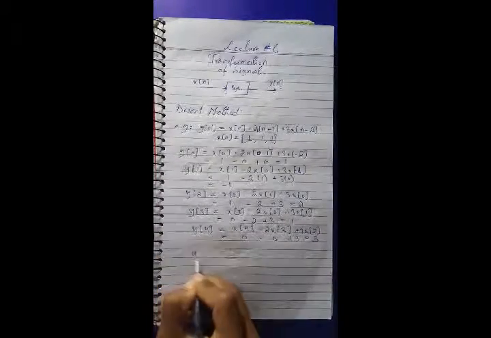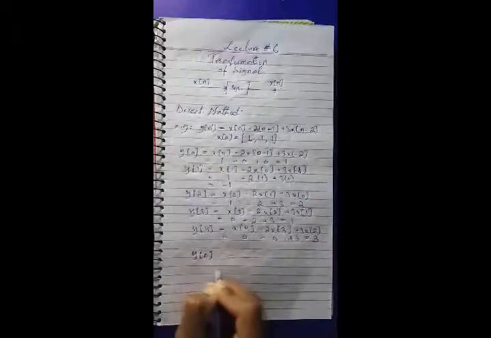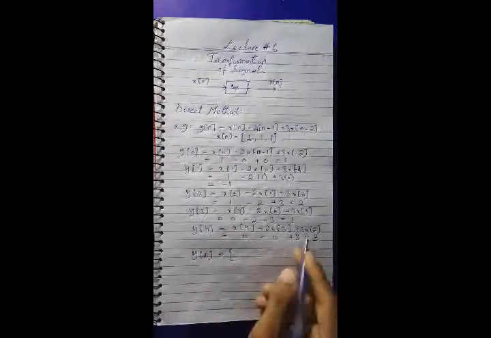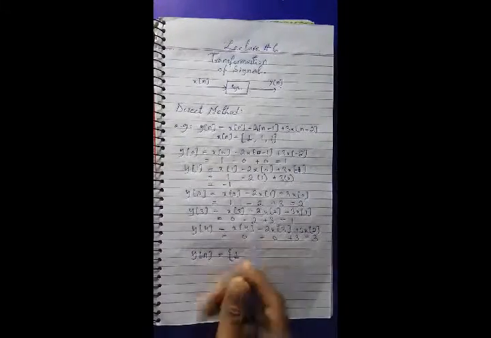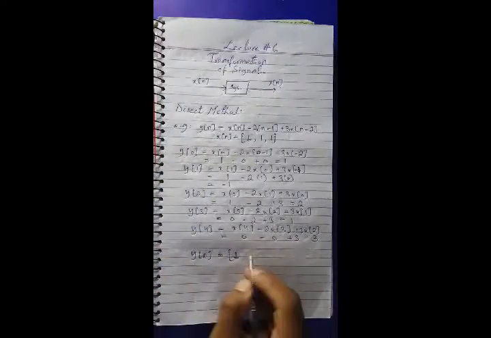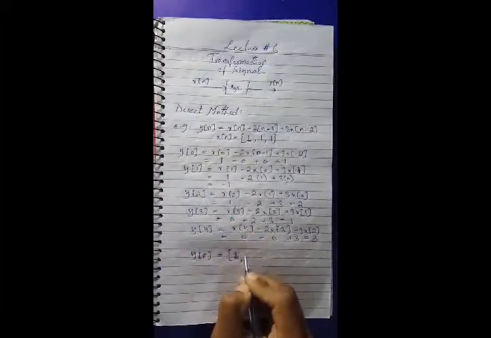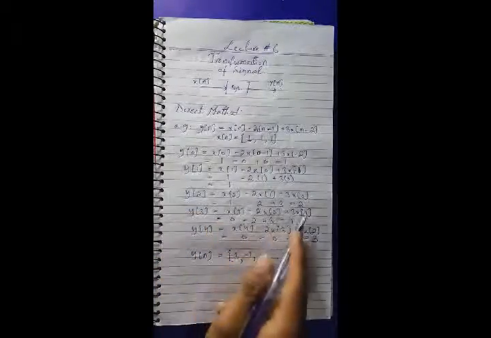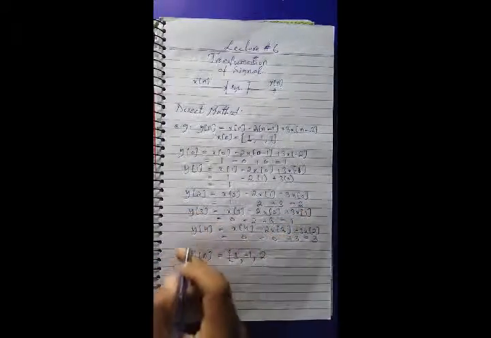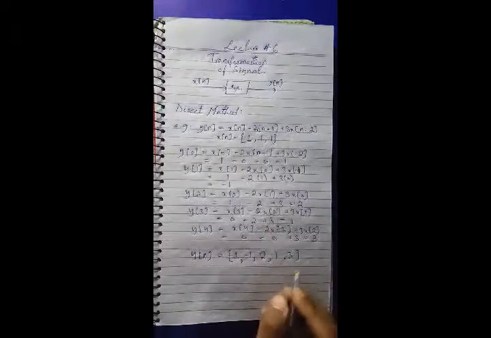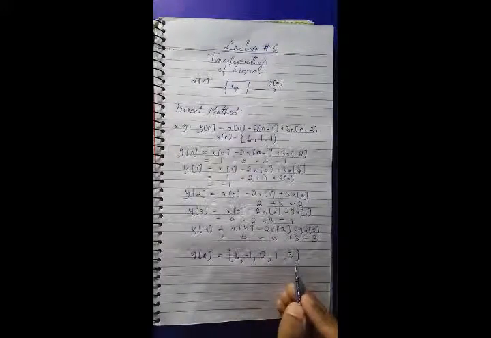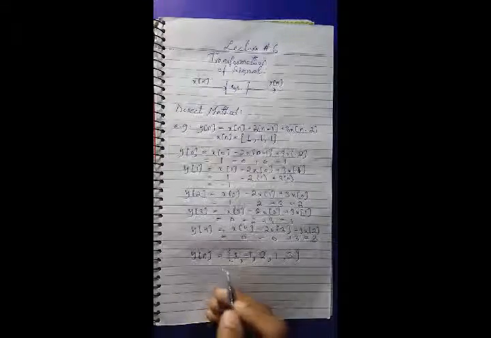So we can write the output y of n as 1, which is our first index value because it is y of 0, then we have minus 1, and we have 2, and we have 1 and 3, and all other values are 0 on the right side and also on the left side.